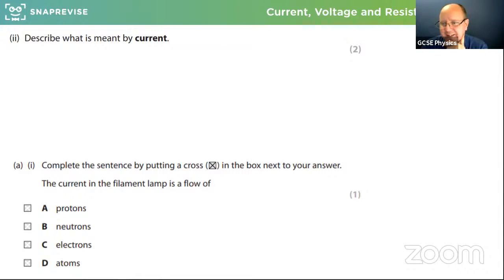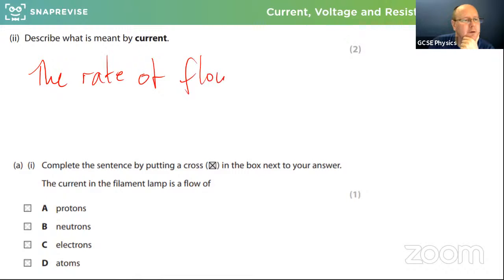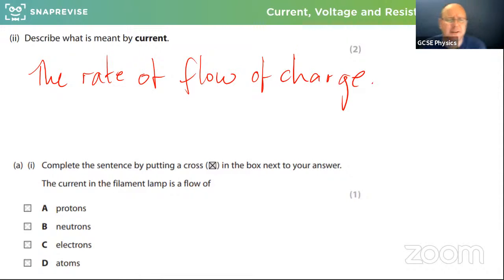The current is the rate of flow of charge. Good, yeah. You could say the flow of charge, but I would advise you to say the rate of flow of charge, because current is Q over T, it's coulombs per second, so rate of flow of charge.